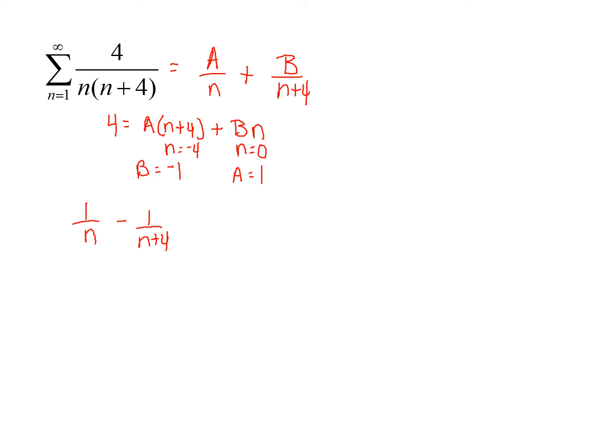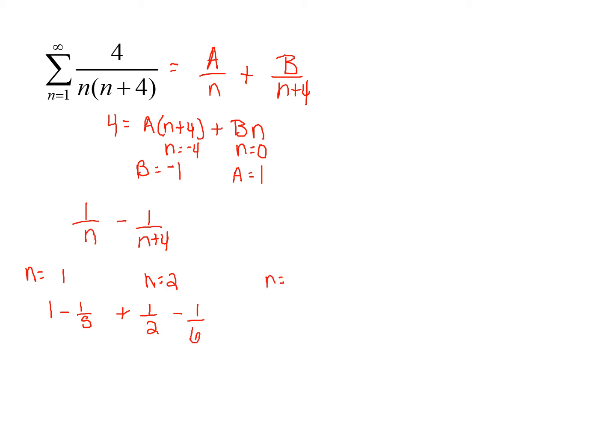And that should be my hint that something's going to collapse. So I'm going to start with n equals 1. When n equals 1, I get 1 minus 1/5. When n equals 2, I get 1/2 minus 1/6.